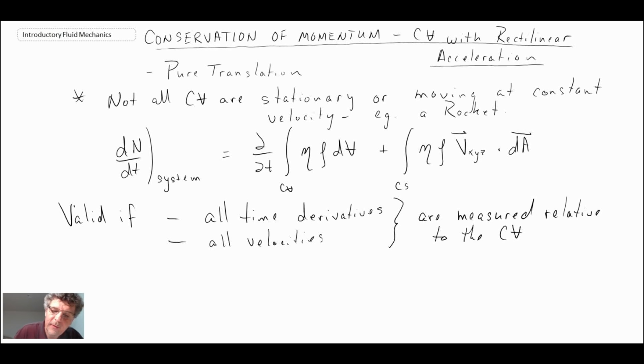As long as we measure the time derivatives and the velocities with respect to the control volume, we should be okay. The place where we run into trouble is the fact that Newton's second law, the basic law that we're dealing with, actually only applies to the inertial frame of reference, a frame of reference that is not moving, or not accelerating, I should say.